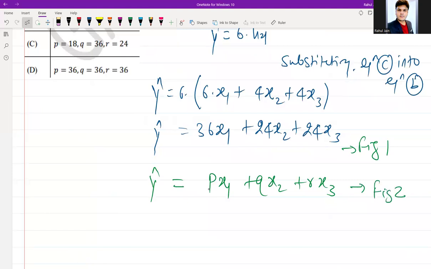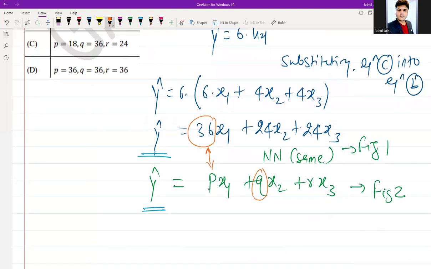Now according to the question, both neural networks should be same. So if both neural networks should be same, then the y hat equation, prediction equation, is also the same. So we need to map the weights with them. P is going to map with the coefficient associated with x1, that is 36.